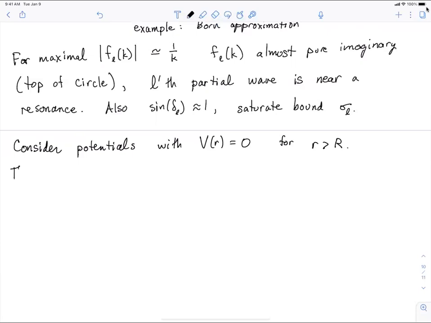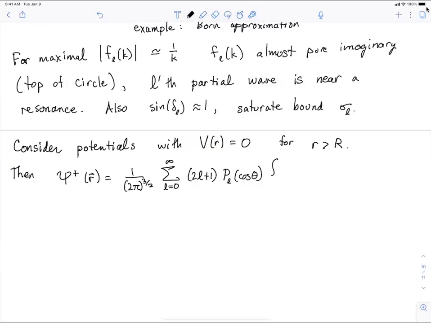Okay, but then let's write the form of our scattering cross-section. So it's got this normalization factor, and we're doing a sum over L's. And we put in our 2L plus 1 and our Legendre polynomial.